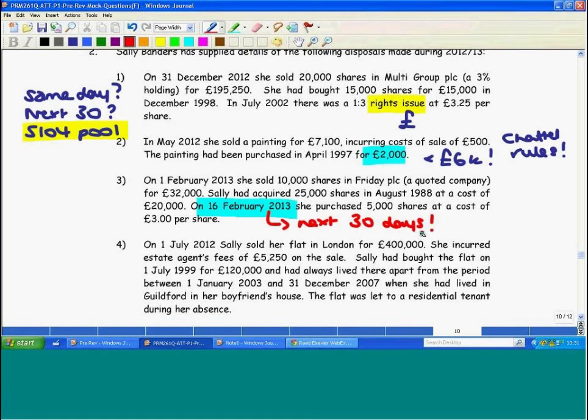Now what that means is she's acquired some in the section 104 pool, some in the next 30 days, so we're going to have 2 disposals to consider. So when we come to do our calcs, we'll have a disposal for the next 30 days, and we'll have a disposal for the section 104 pool.